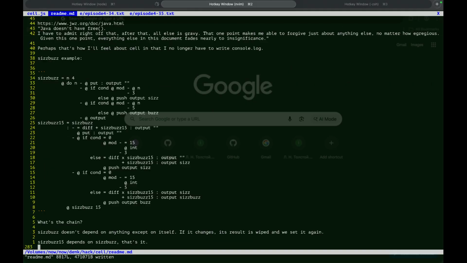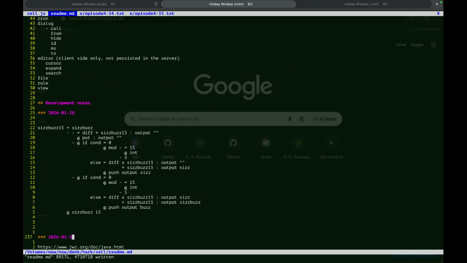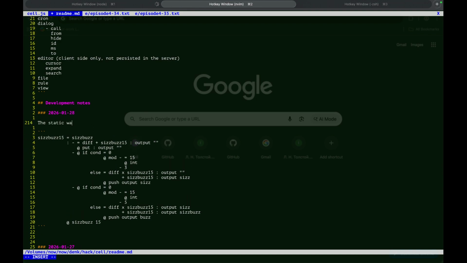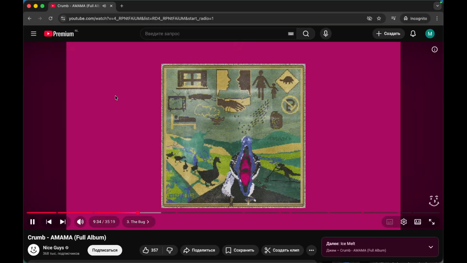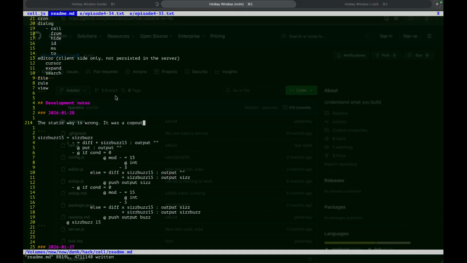The static way is wrong. It was a cop-out. Only think of call prefixes.